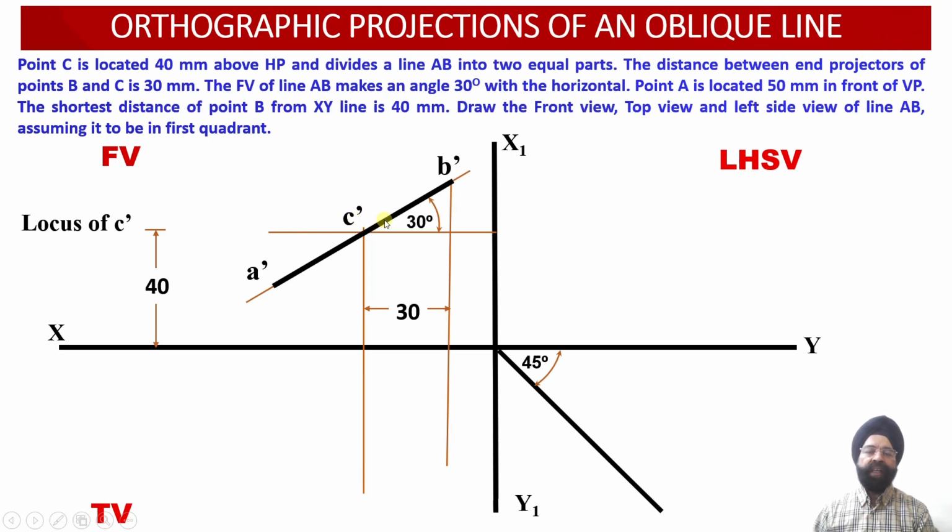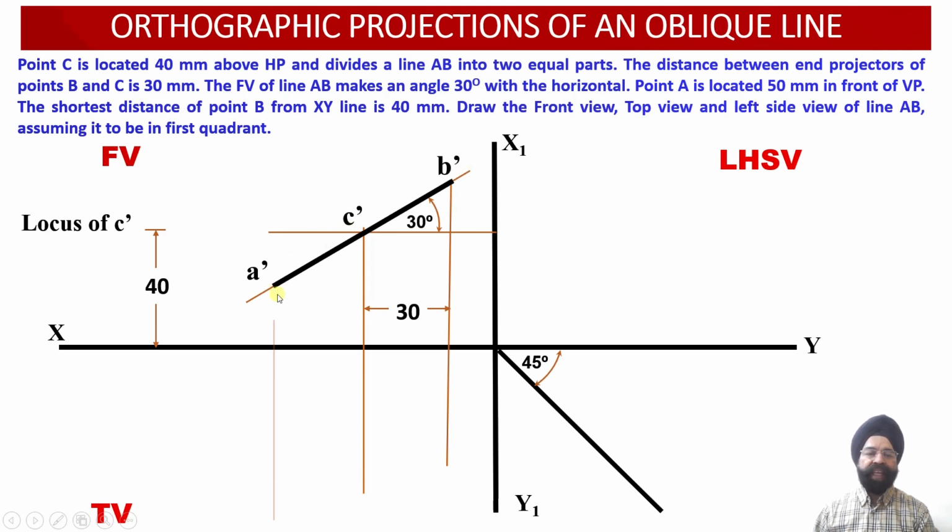So we have got C dash B dash equal to A dash C dash. A dash point has been obtained, C dash point was provided to us, and B dash point has been located, since this front view projection was inclined at an angle of 30 degree with respect to the XY reference line.